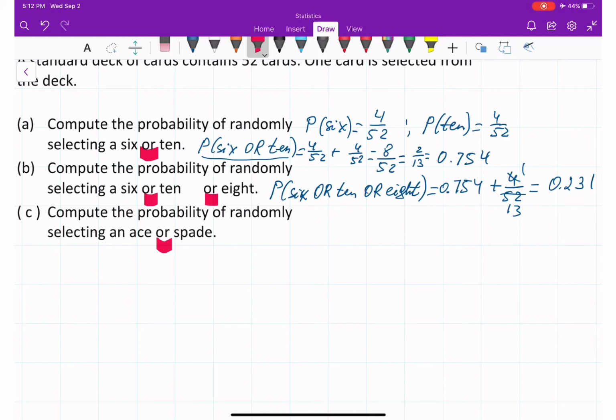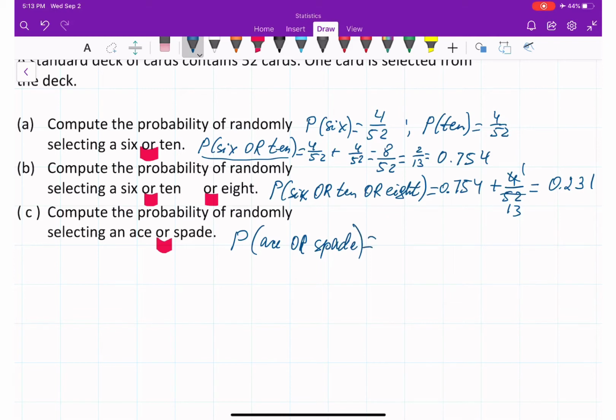It's going to be 13, right? Because spade is a type of card. Ace, there are only 4 of them. So it's going to be the probability of ace or spade.